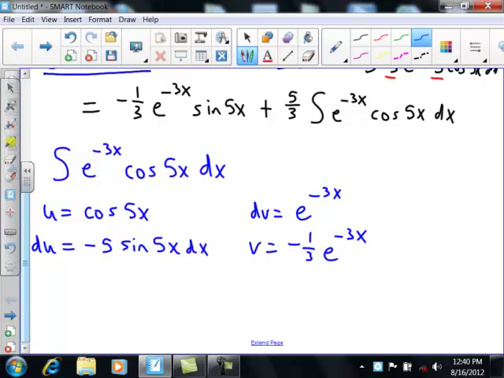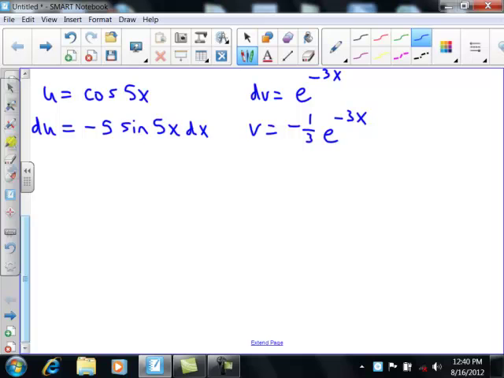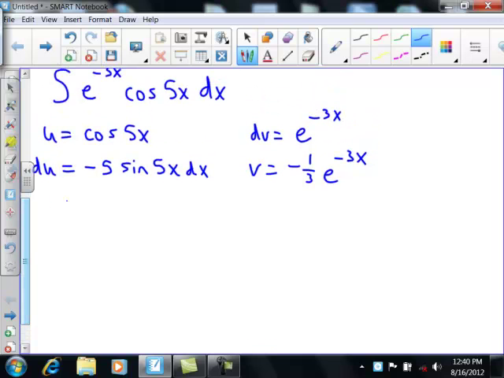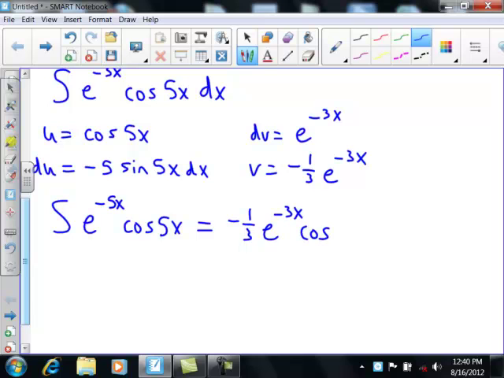So I have that my integral here, the integral of e to the negative 3x cosine 5x, that integral is uv, so that's going to be negative 1/3 e to the negative 3x cosine 5x, that's u and v multiplied together, minus the integral of v du.